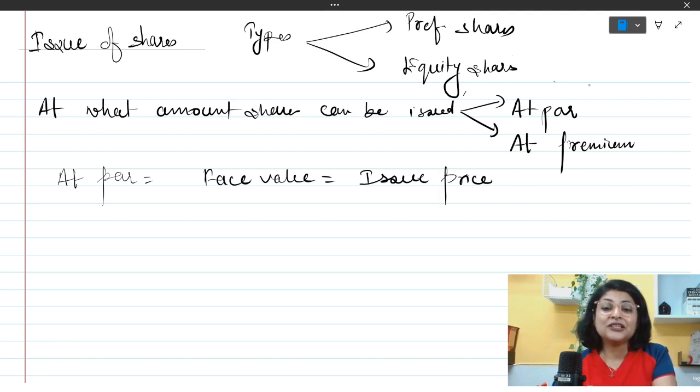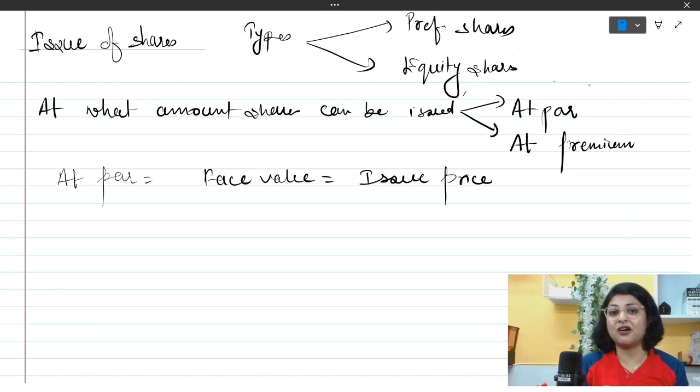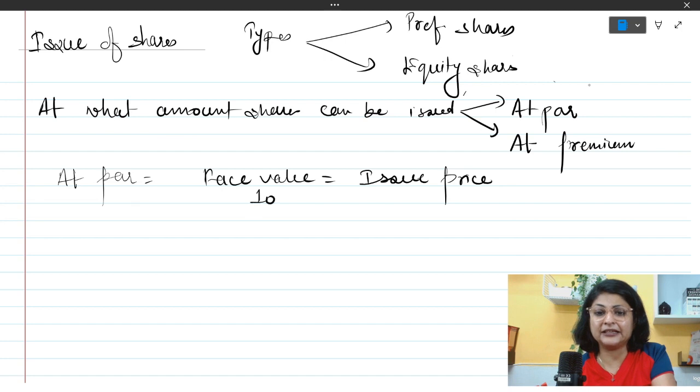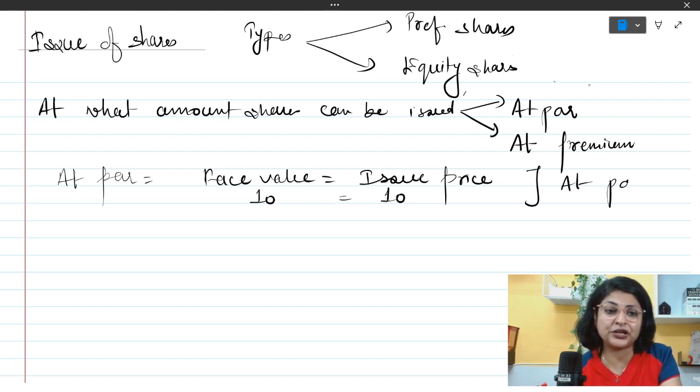Face value is the value of shares on which the company records the share capital in its books, or if you think about the physical share certificate, which is optional nowadays, as people normally hold shares in dematerialized form, but if they have the share certificate on which the value of the share is printed, that printed value is called face value. So suppose the share is of rupees 10 and it is issued to the public at rupees 10 only, then it is called issue of shares at par.